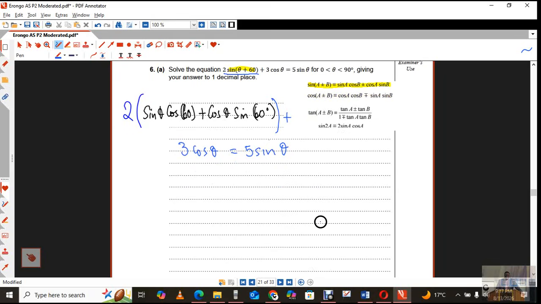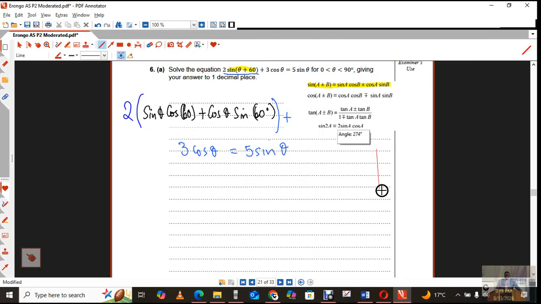Okay, what do we know from our special triangle, which you can use? Or you can use your calculator. Doesn't matter. If this is 60 degrees, this is 1, that is 2, that is root 3. This is 30 degrees, that is obviously 90 degrees.